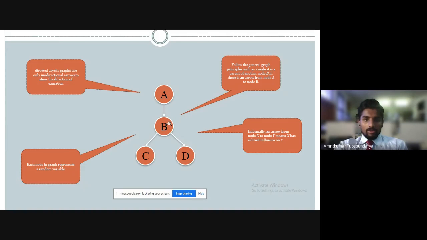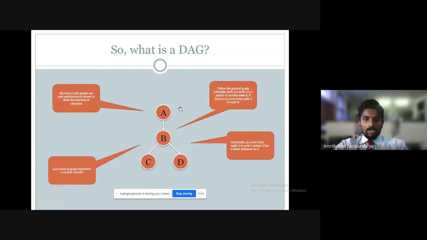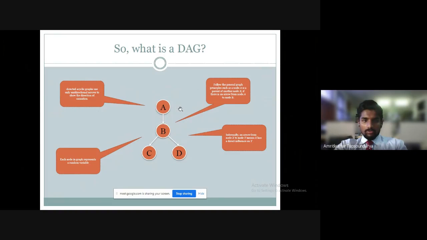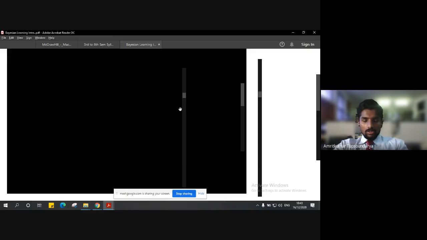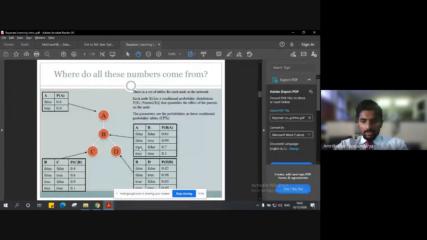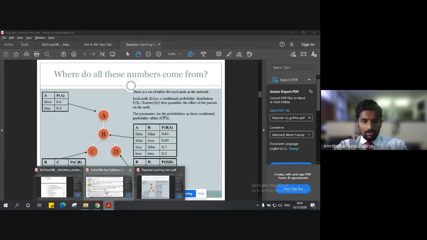What does a directed acyclic graph look like, also known as DAG? There are a few more things associated with it, which we'll be covering in the next class.